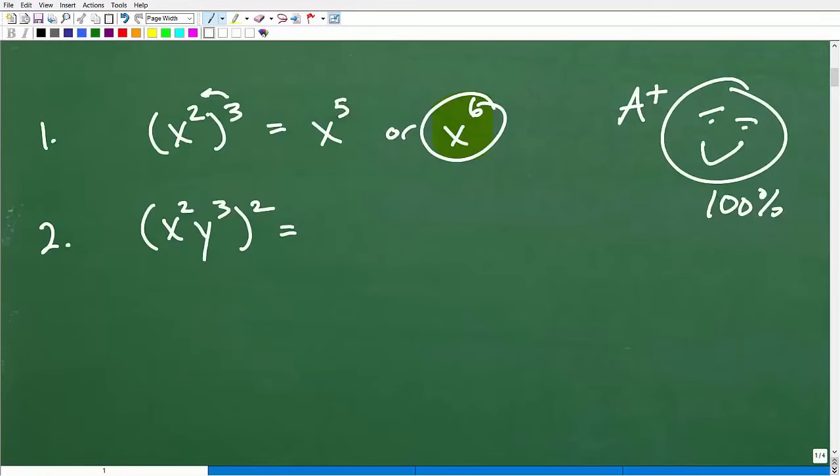All right, so now, knowing that, what do you think about this second question, number two? Hopefully, most of you are saying, if that's what you do, you multiply the outside exponent to the inside exponent, so that would be x to the 4th, y to the 6th, and you would be correct again. We'll give you a couple stars here if you knew that was the answer.